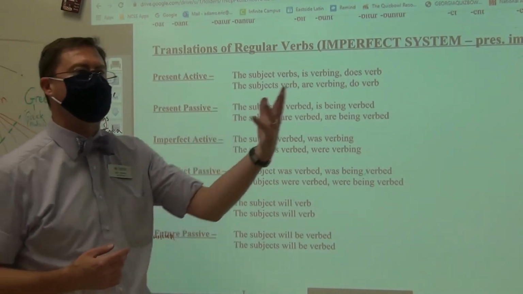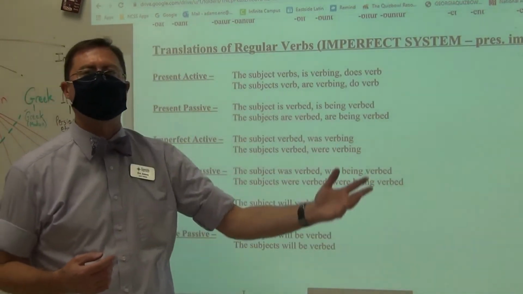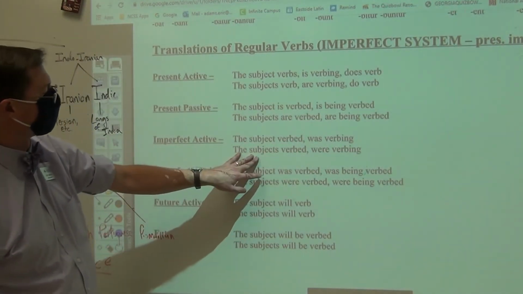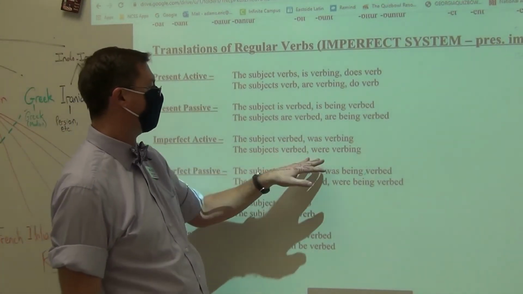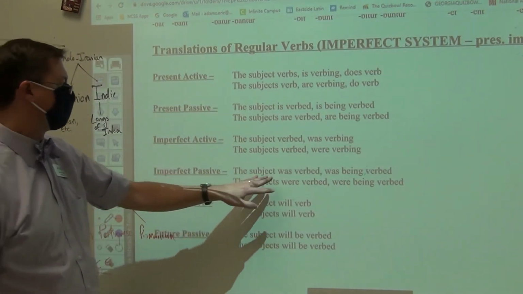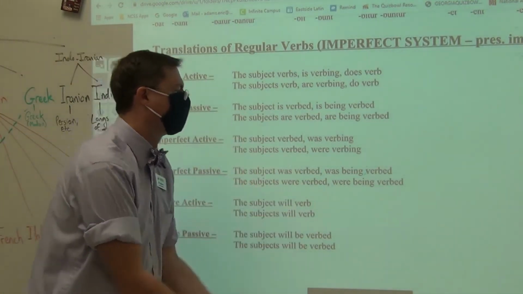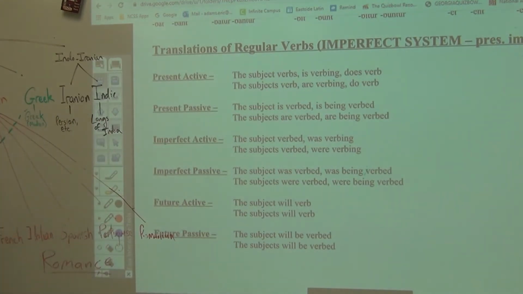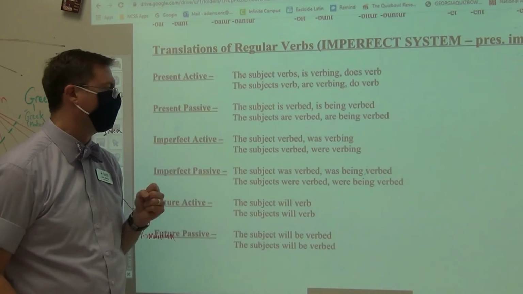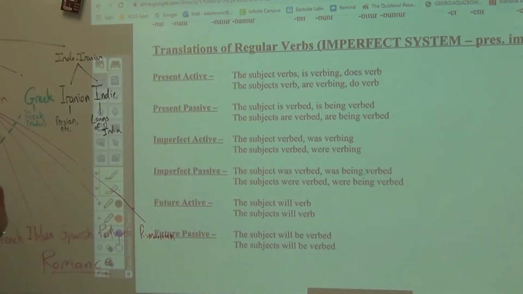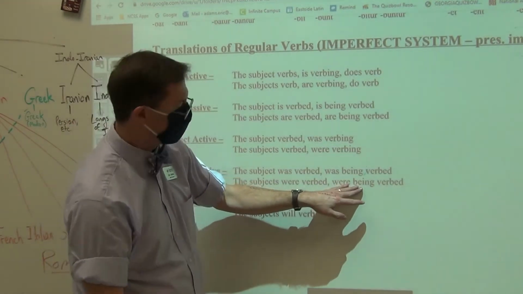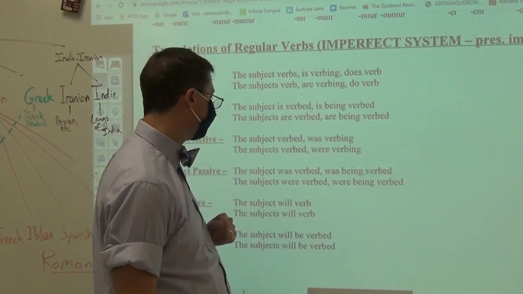You can say the subject began verbing, the subject used to verb, the subject kept verbing, but these are the two basic ones. And then, of course, the plural, the subjects verbed, the subjects were verbing. Make that passive. It's just simply not that the subject verbed, but the subject was verbed. It's not that the subject was verbing passively with ris, tur, the subject was being verbed, and make that plural. The subjects were verbed. Had it happen to them, the subjects were being verbed.